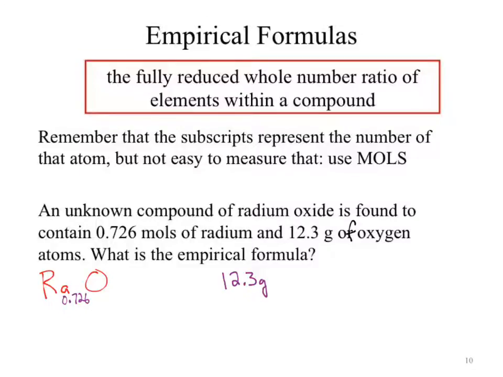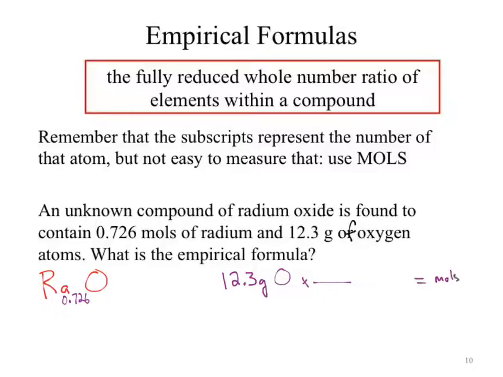12.3 grams of oxygen. Should I be looking at oxygen as O2 or oxygen as O? Why O? It says oxygen atoms specifically in the question. That's how we know. What did I want for my answer?